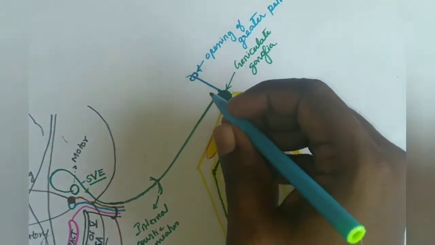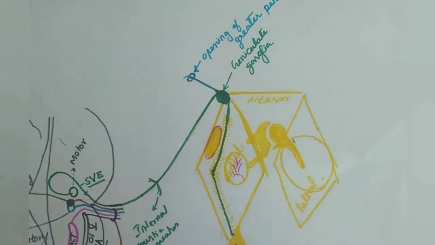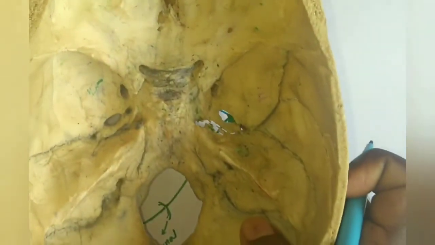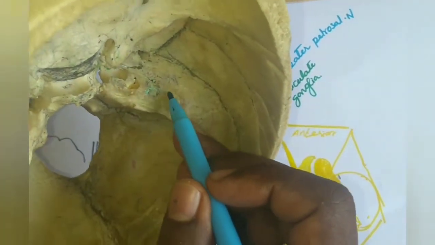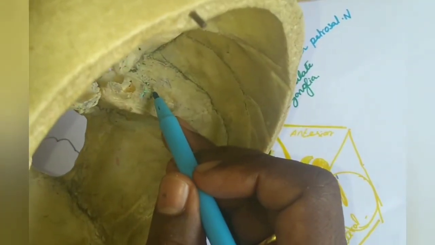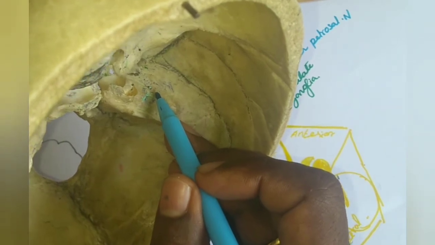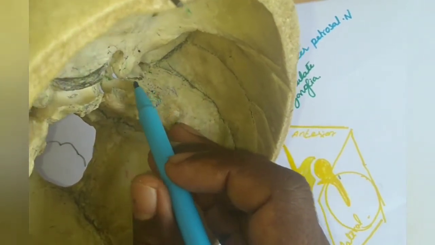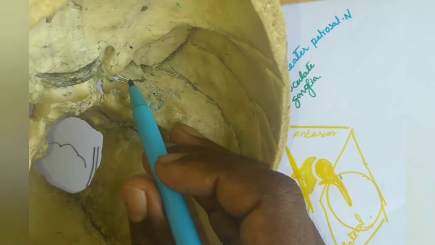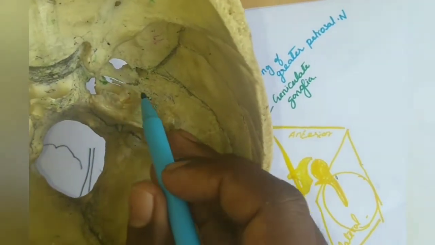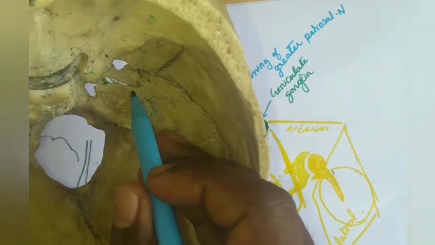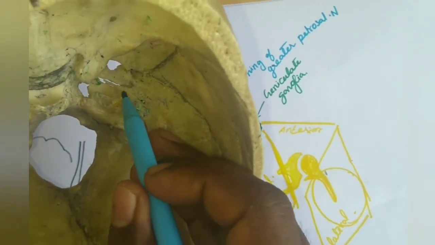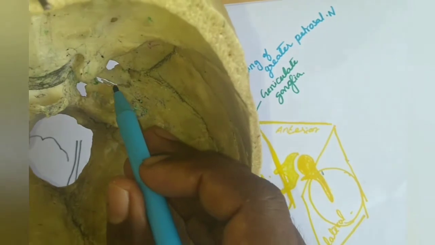We can see the opening here in the skull. This is the opening of the greater petrosal nerve. Then it travels anteromedially to reach up to the foramen lacerum. You can see there is a small groove up to the foramen lacerum. Here it is related posterior to the trigeminal ganglia.